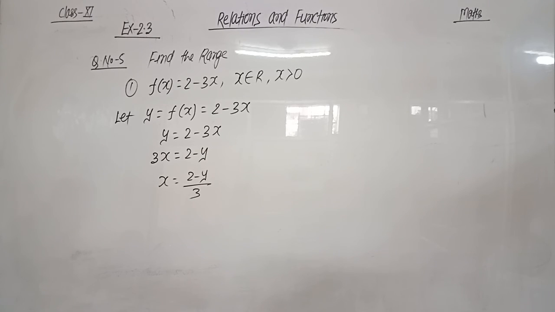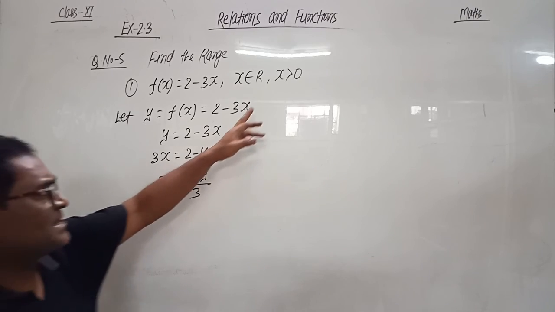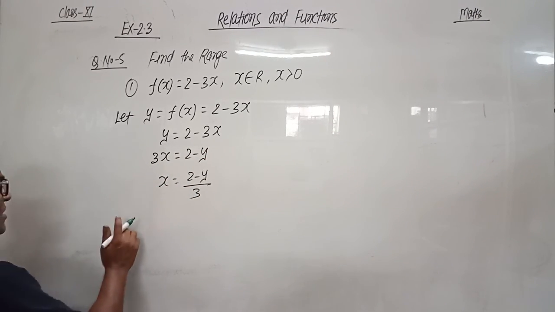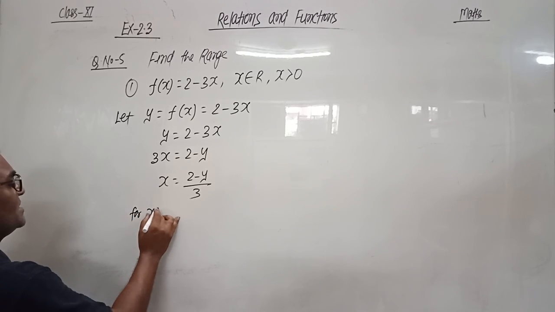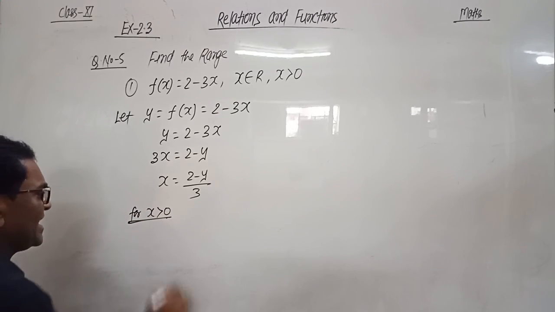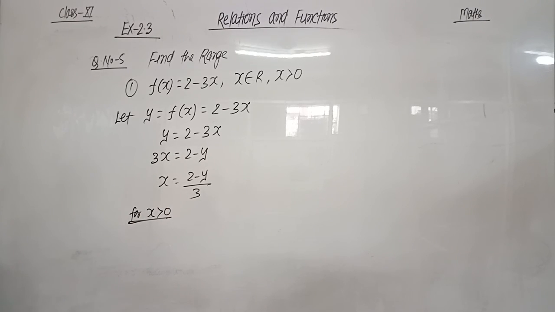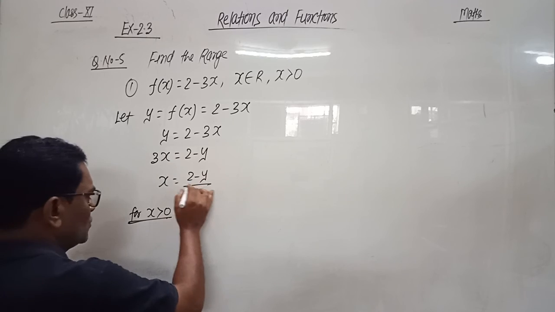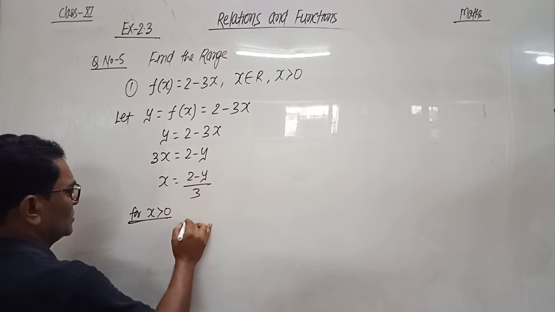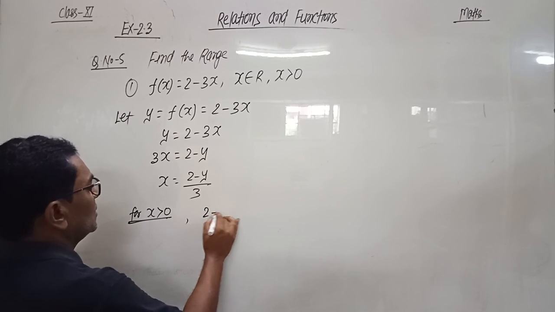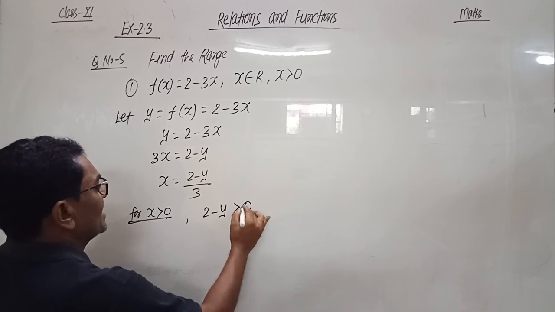So we have been given the condition that x is greater than 0. x will be greater than 0 when 2 minus y is greater than 0. So for x greater than 0, 2 minus y should be greater than 0.